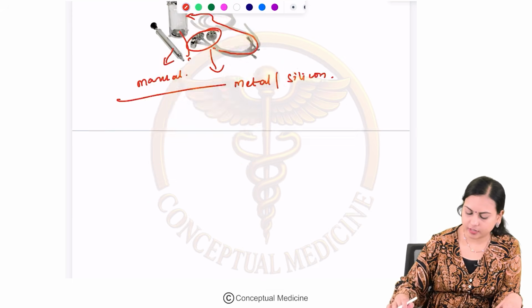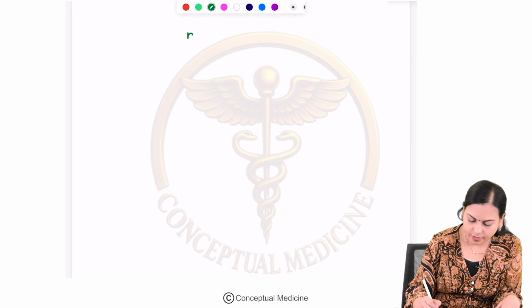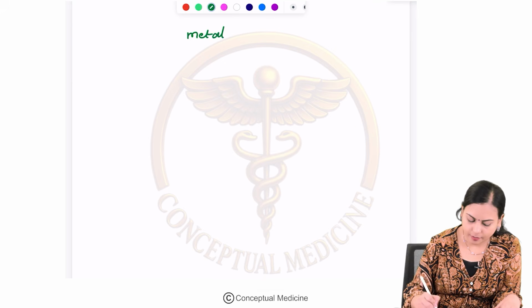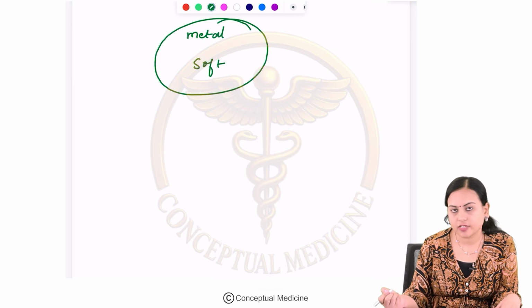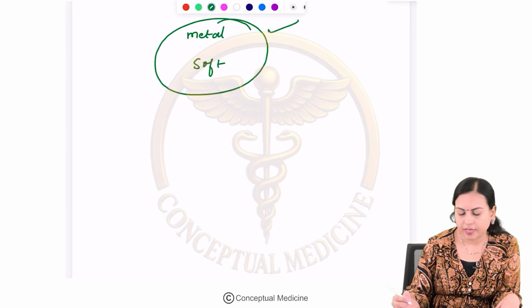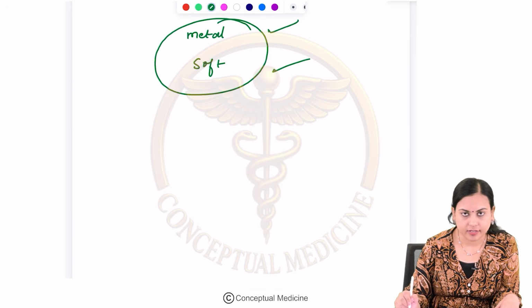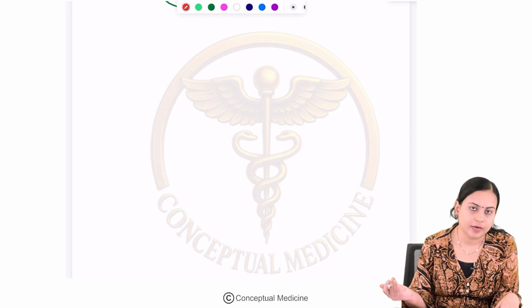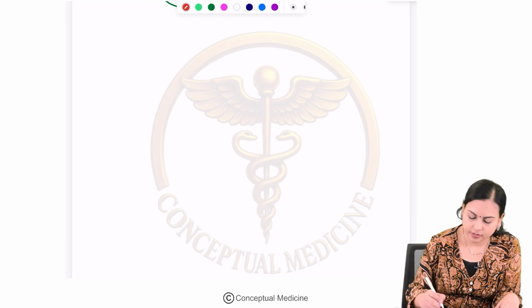Clear? Right. So, as I have already told you, you have two types of cups in a vacuum extractor. One can be metal cup and another can be soft cup. So, vacuum extractors are also two types, metal cup vacuum extractors and soft cup vacuum extractors. Clear? Right. Now, we will see the difference between the metal cup and the soft cup vacuum extractors.